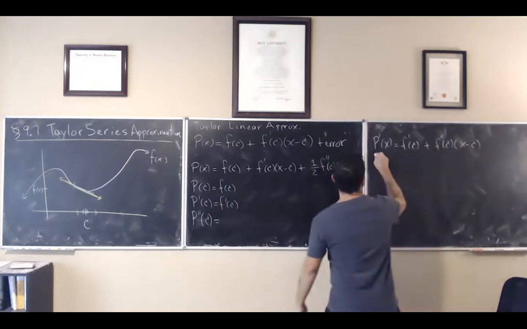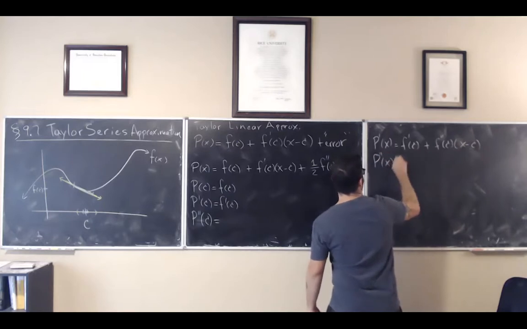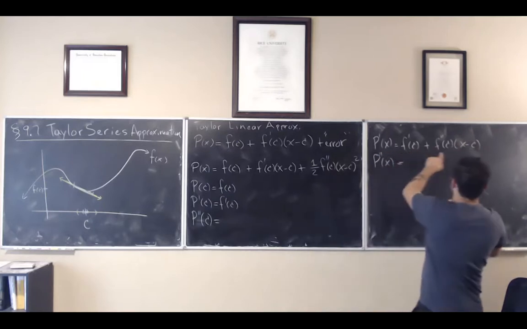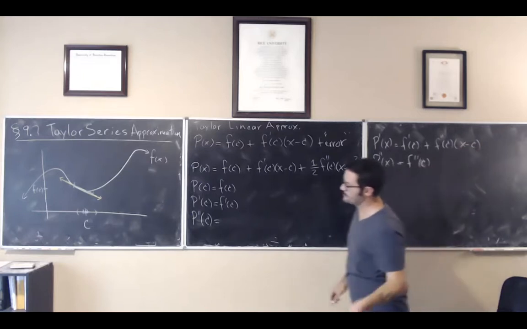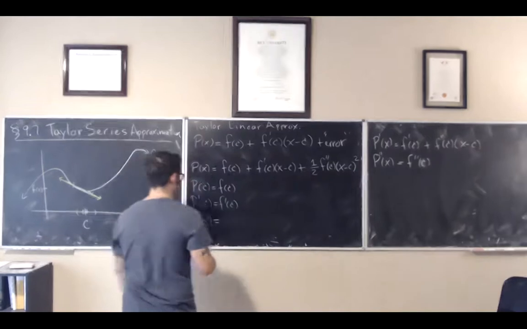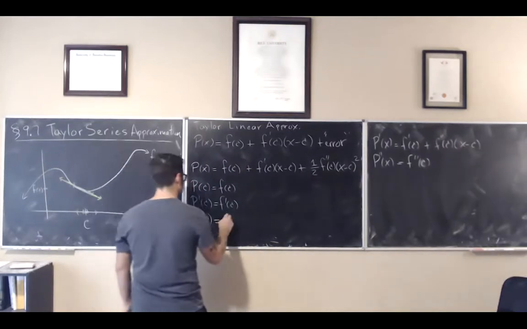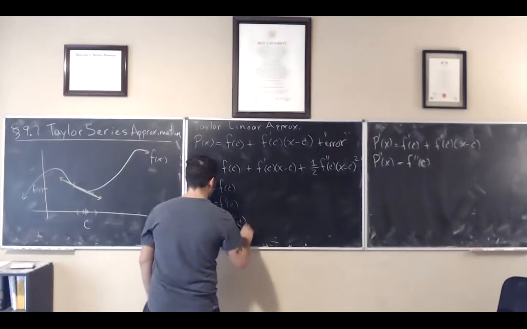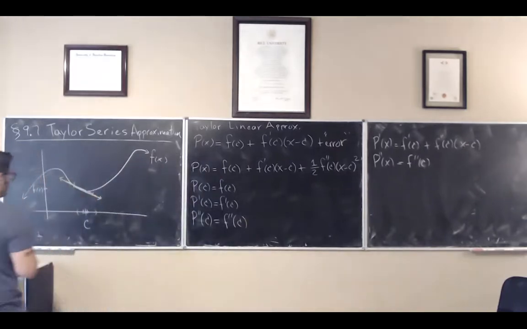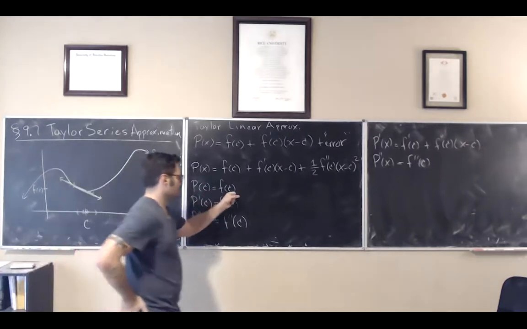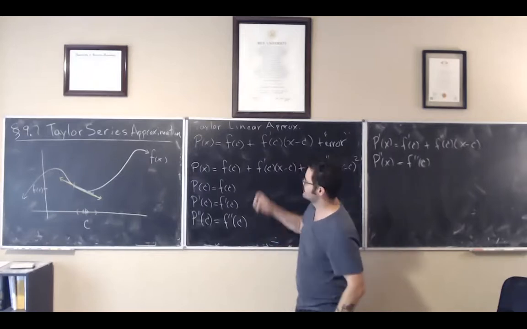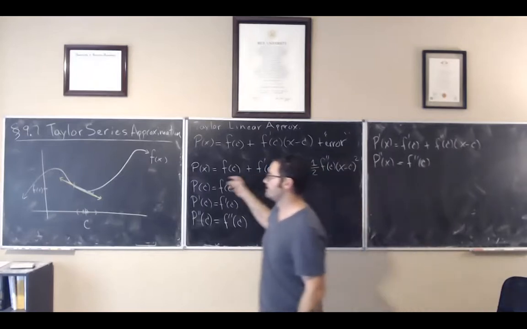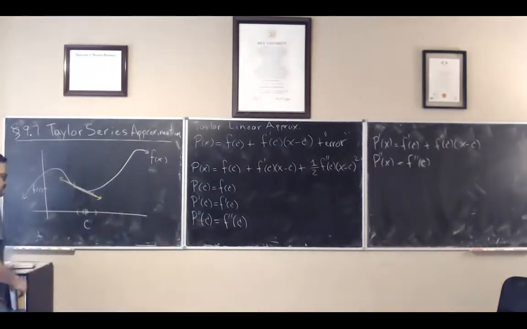If you take the derivative of that, the second derivative is always equal to f double prime of c. So the second derivative of p at c is equal to the second derivative of f at c. If we just plug in c, the first derivative matches and the second derivative matches. This is a second order polynomial approximation to that function.